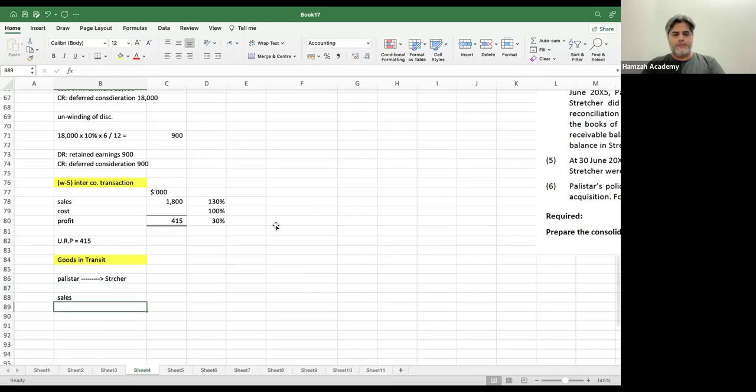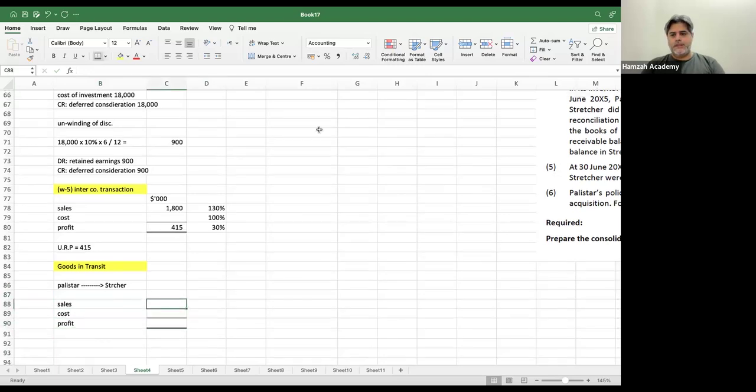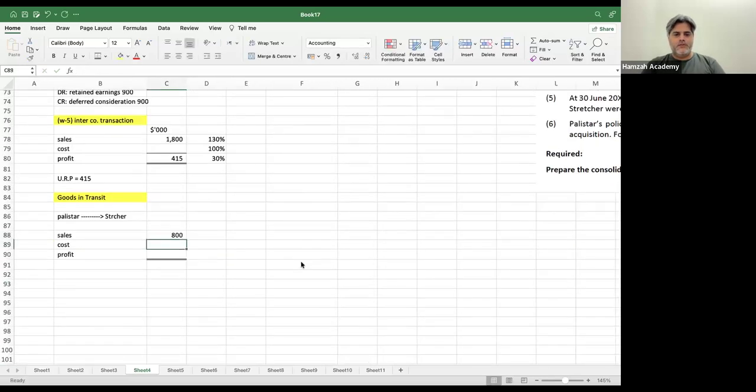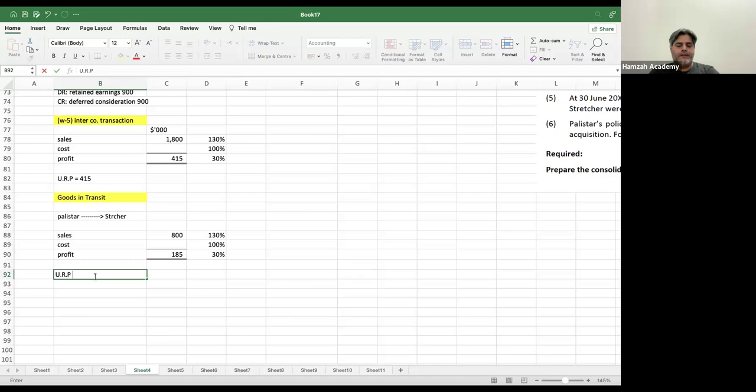So we have sales, cost, and profit over here. And the amount is 800,000. So again, 130. Technically speaking, the amount of the profit is going to be 800 by 130 into 30, that is 185. So unrealized profit in goods in transit is 185.